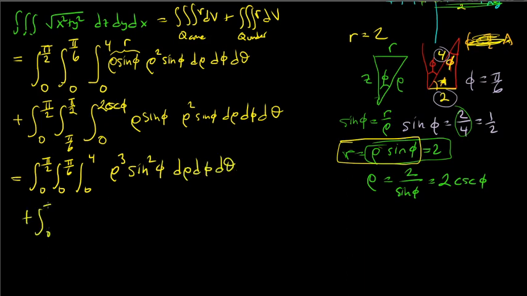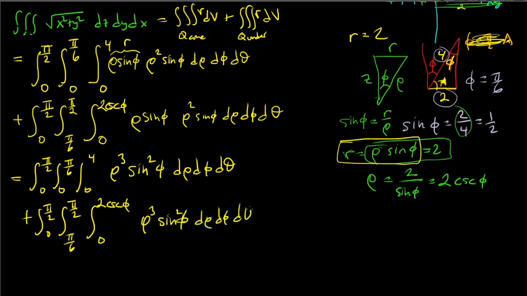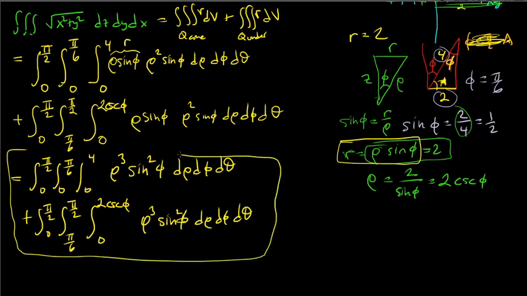Now we have to do this other set. So this is pi over 6 to pi over 2 for phi, and then rho goes from 0 to 2 cosecant of phi, and same integrand, rho cubed sine squared phi, d rho, d phi, d theta. Okay, so I recognize that took quite a while.